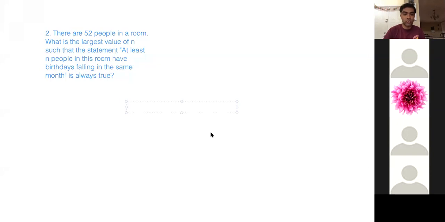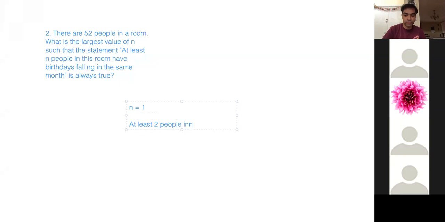Let's start thinking about, let's put in the number 1, n equals 1 here. At least one person in the room, so 1 doesn't actually make sense here. Let's put 2.